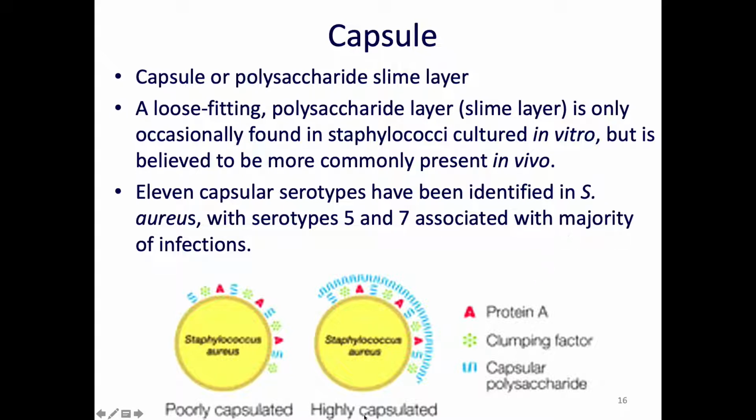You can see here A protein, clumping factor, and the capsular polysaccharide. This is highly capsulated in this case. This is poorly capsulated. If it is poorly capsulated, then we have the slime layer.